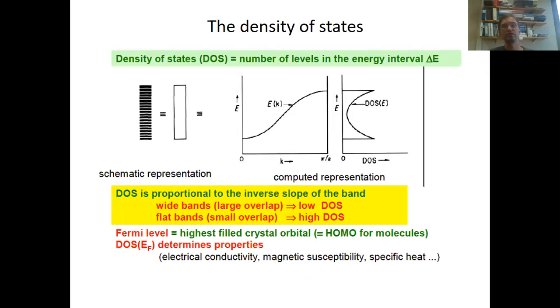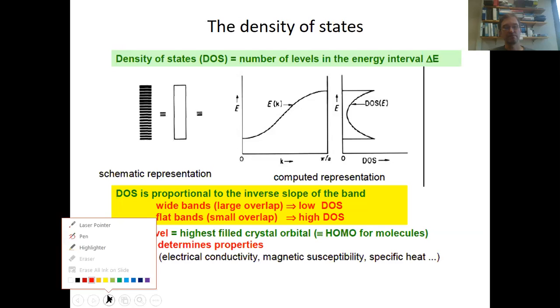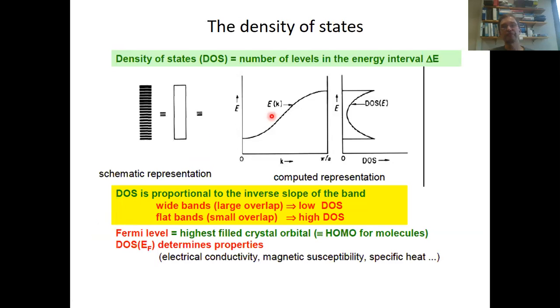So the density of states is nothing else but the number of energy levels, or the number of crystal orbitals in a particular energy interval delta E. And that density of states depends on the bandwidth and how steep that particular band is, and what is the exact slope at a particular position within the band.